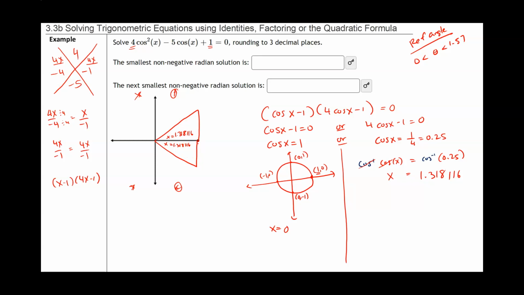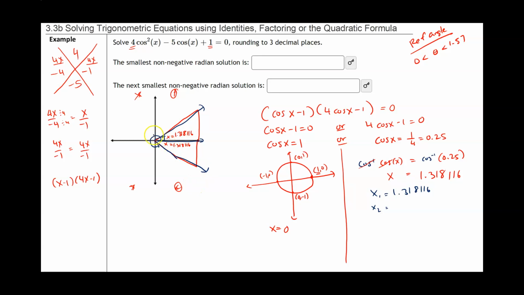Now we have 2 different angles. The first angle is the quadrant one angle. It's going to be this one here, and that one's easy. It's just going to be 1.318116. My second angle is the angle that starts at the x-axis, always in standard form, but then goes all the way around to the terminal side, which is this side.